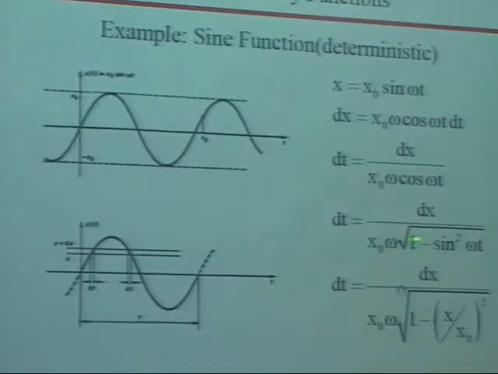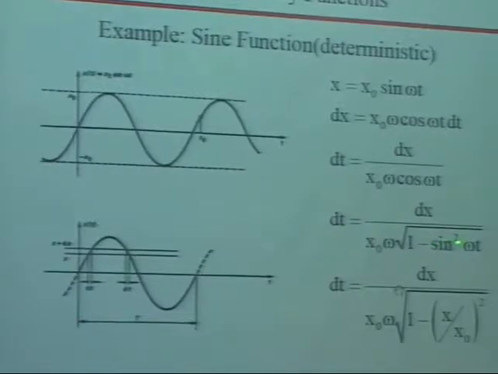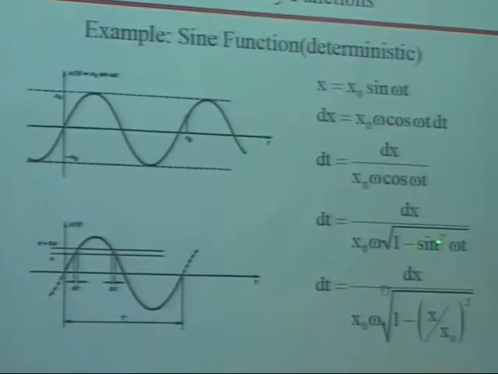Then rewrite this here, same thing coming down. But now the sine square omega t is simply, by looking at this, sine is equal to x over x naught.